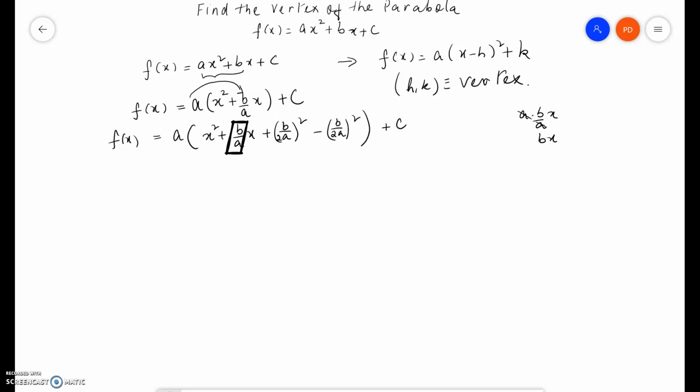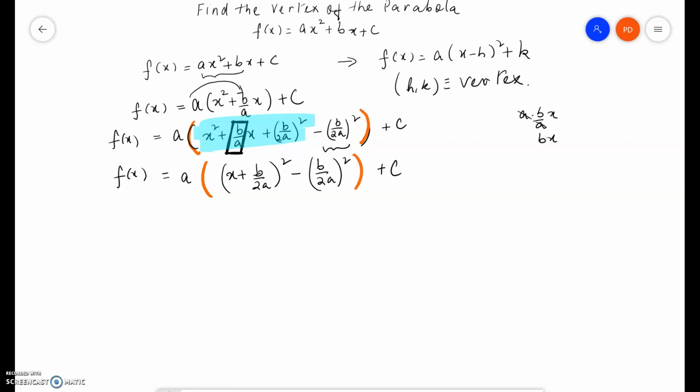So next, f of x is equal to, now we complete squares inside the parentheses. Note that the first three terms here together form the perfect square, which is x plus b over 2a the whole squared, and we still have this term left over, so that's b over 2a the whole squared plus c.